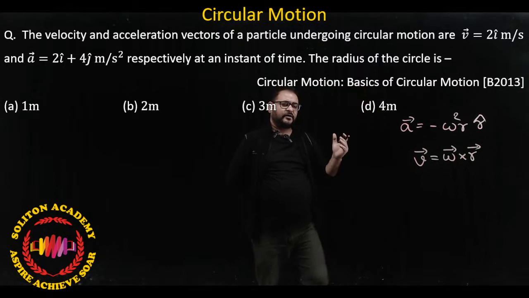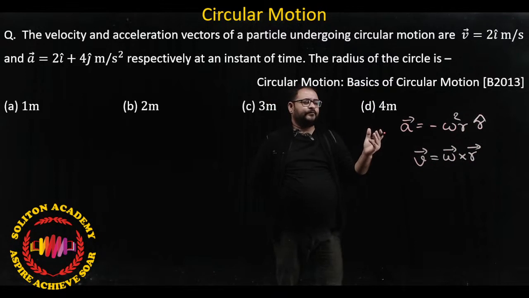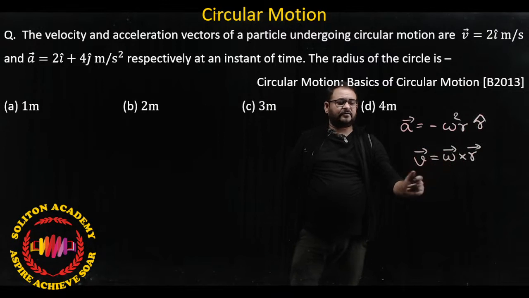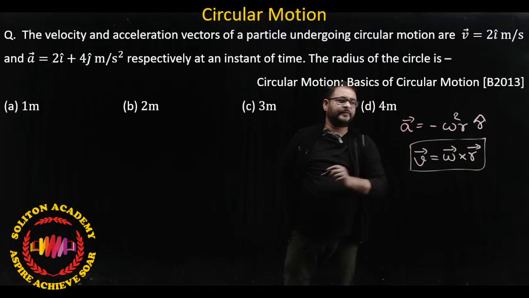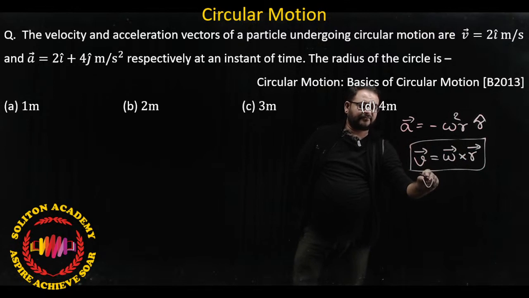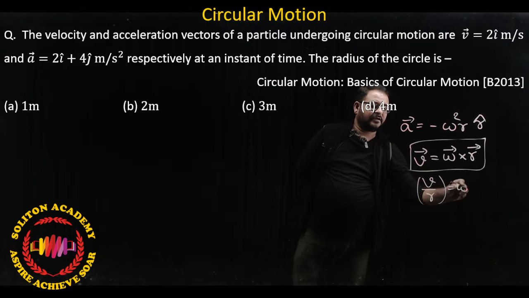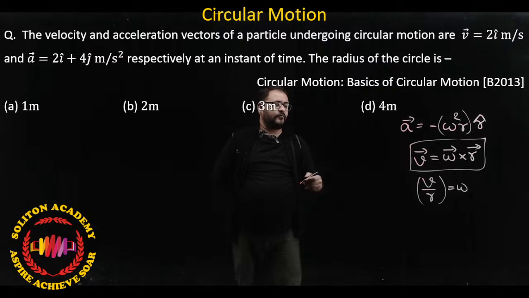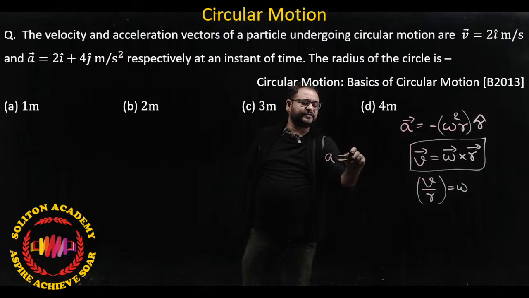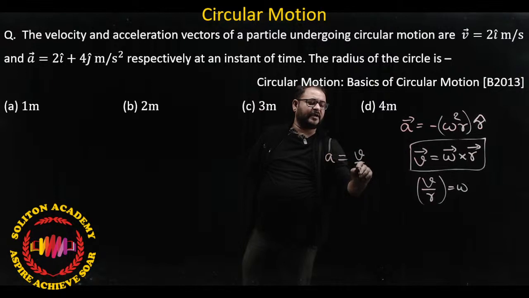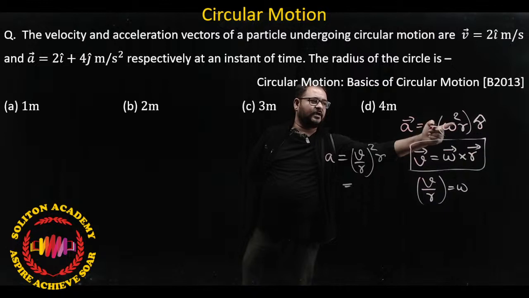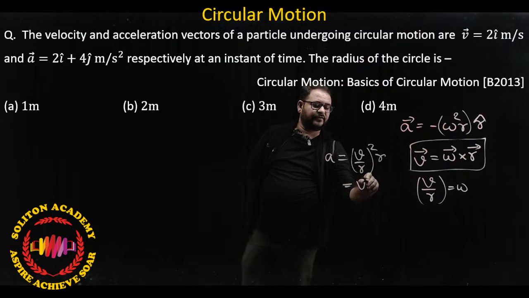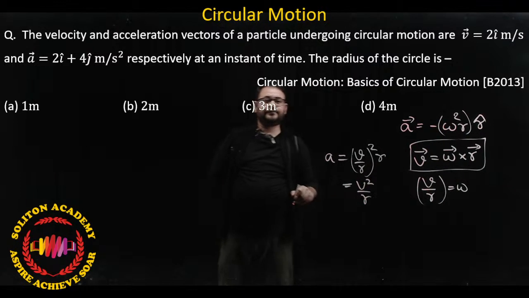If somebody is doing circular motion, then v is equal to omega r. It's better to remember in vector form. In scalar form, v upon r is omega. Now, if you plug it into the magnitude of acceleration, the magnitude will be (v by r) square into r, because it was omega square r. So, this will be v square by r.